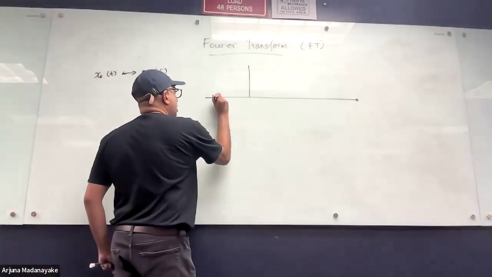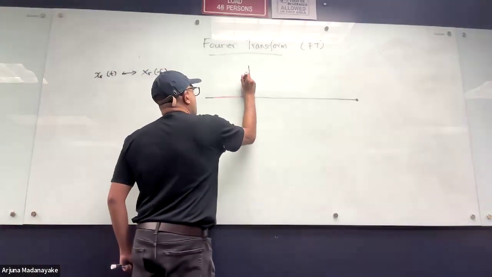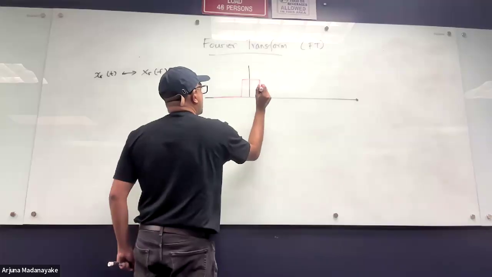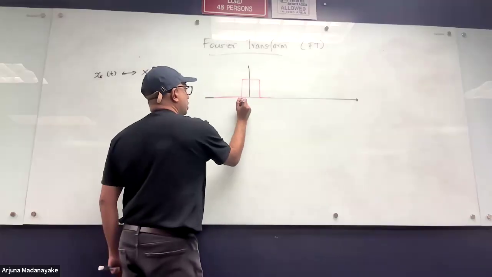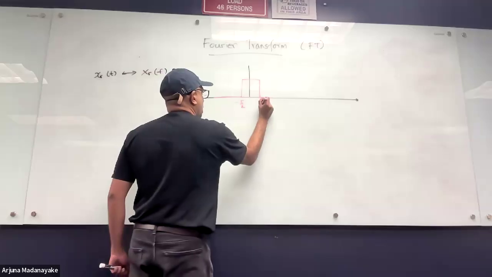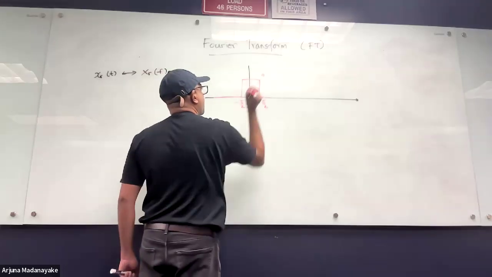The first pulse is the standard pulse. Okay, so this is my first component. This is minus tau by 2 to plus tau by 2, with height A.